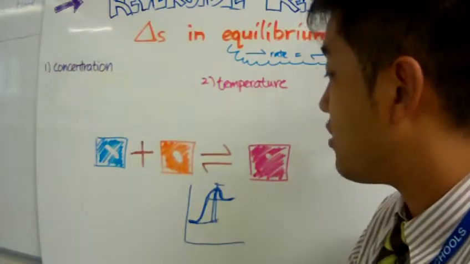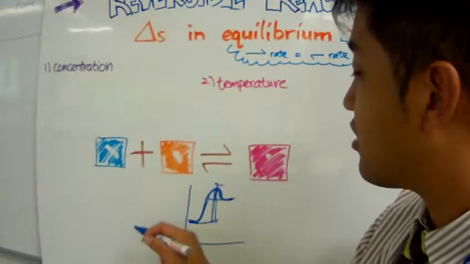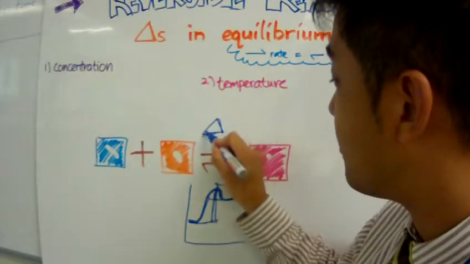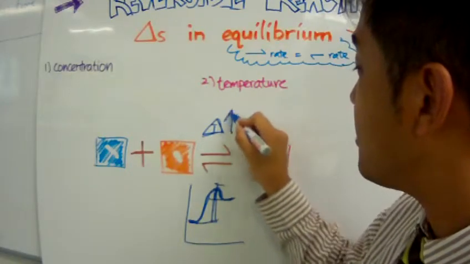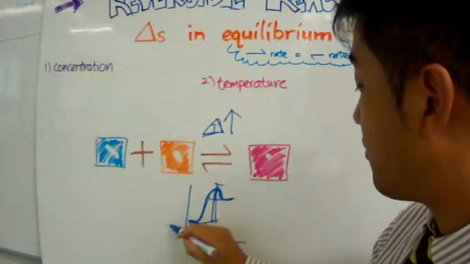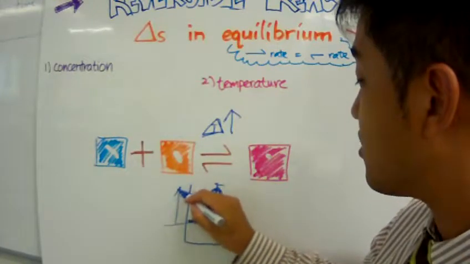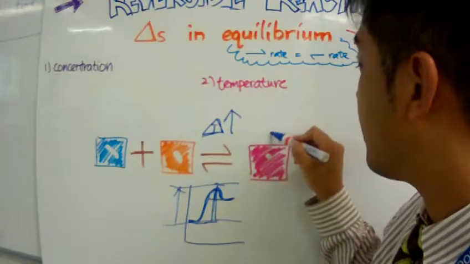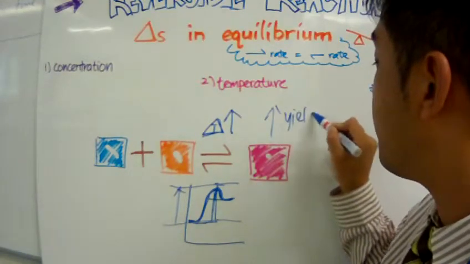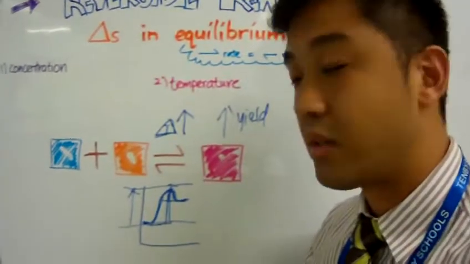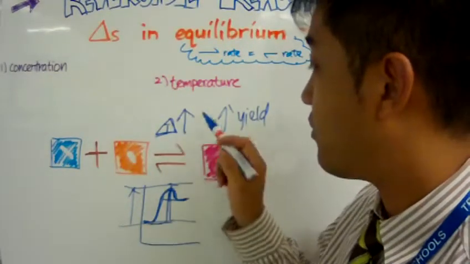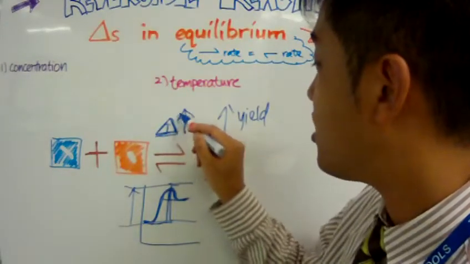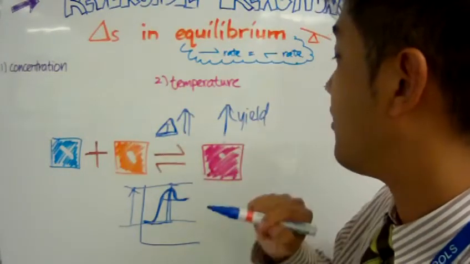Now, in an endothermic reaction, when we increase the temperature, temperature is noted by this delta sign. If we increase the temperature, that means we increase the energy from here to somewhere here. What you're going to do is increase the yield of the products. Okay? If the reaction is endothermic, when we increase the temperature, you're going to increase the yield of the products.